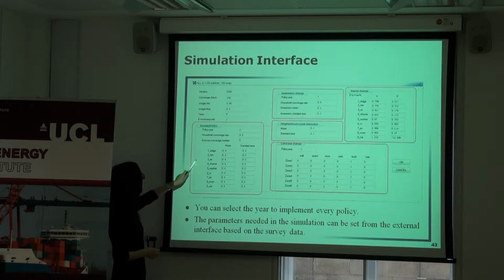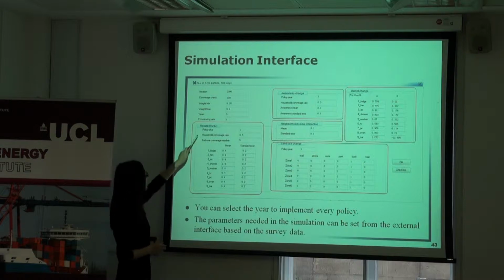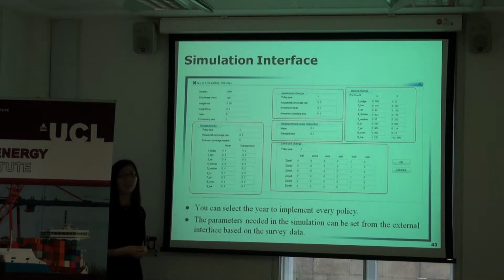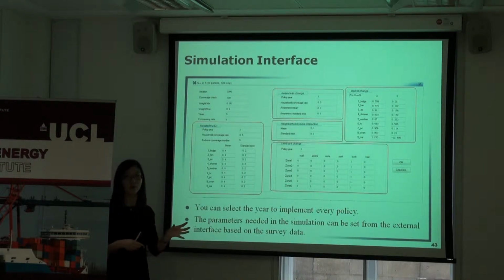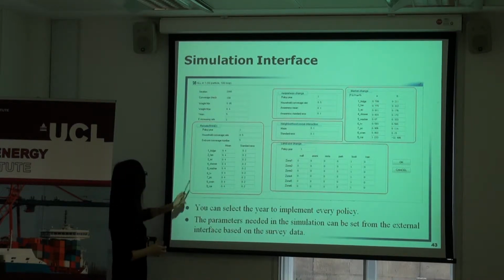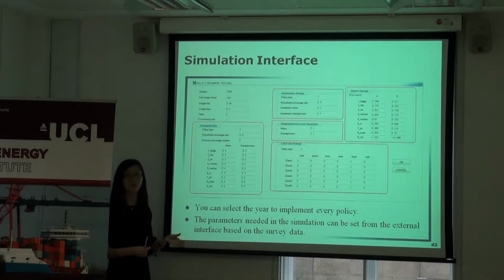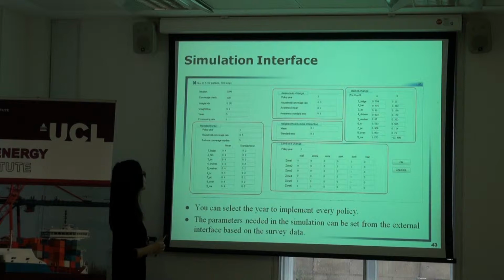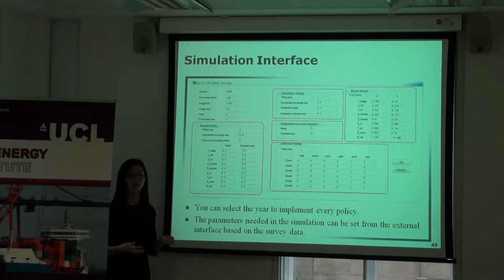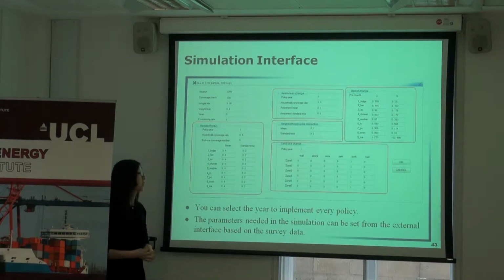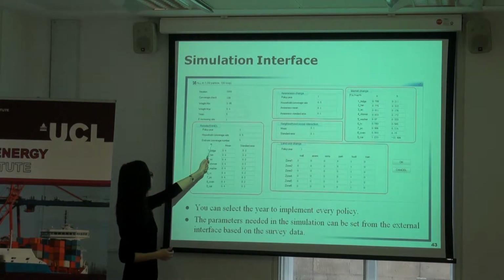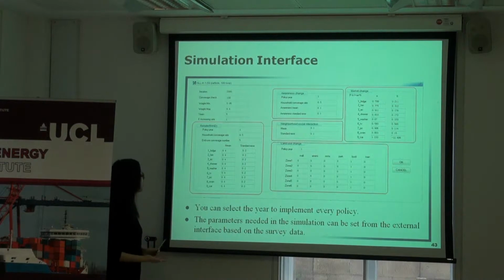For example, here, if we see a rebate program, first you can input the policy year, and also, because we don't have data on what type of households will replace their old ones, we assume there is a coverage rate. Based on Biying's case, it's around 50%, so here we just use 50%. And also, we don't know how many end uses the household will replace at one time, so we also assume that there is a coverage number for the household.